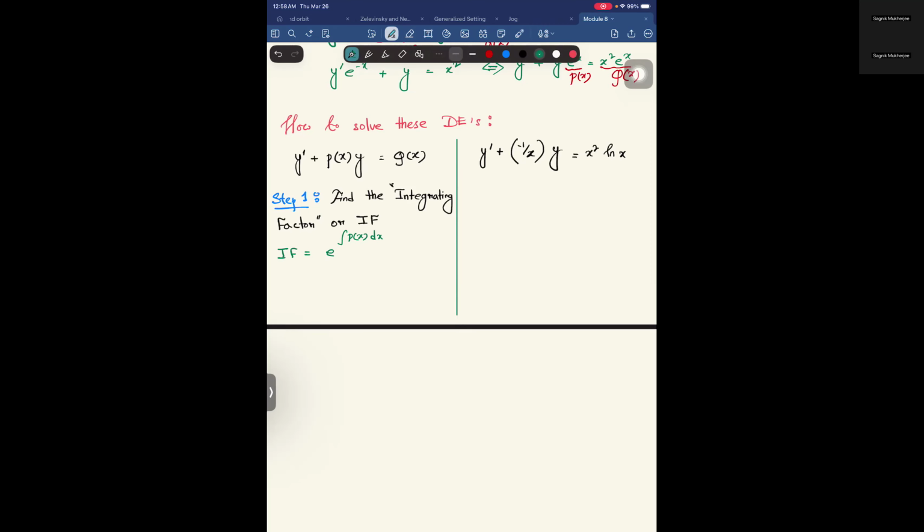So in this case, for example, this is nothing but e power integral negative 1 over x dx. But what is integral negative 1 over x dx?